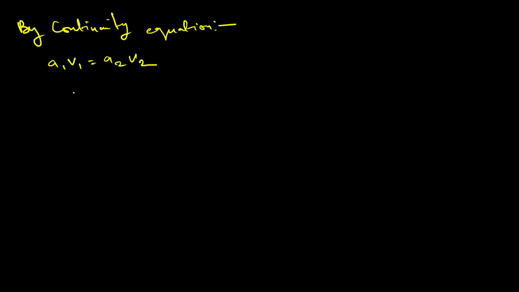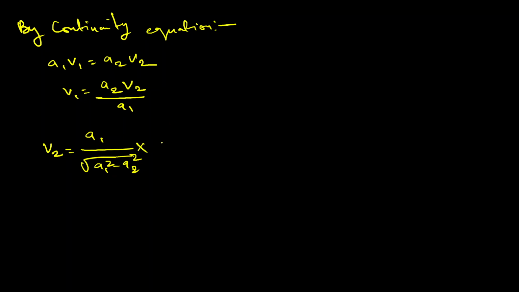After simplifying, v1 is equal to a2 v2 upon a1. By writing the values here, I got a1 square minus a2 square into root over of 2gh.